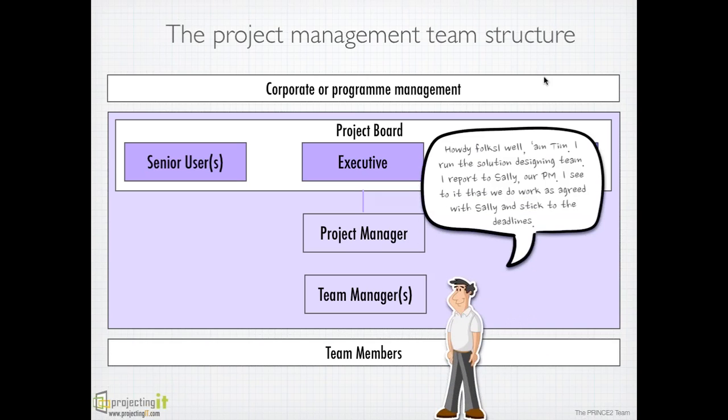The job of a team manager is to take the work from the project manager, generally called a work package, understand the terms of reference, check constraints and risks in delivering that work package, negotiate with the project manager if required, and then make your team plan.